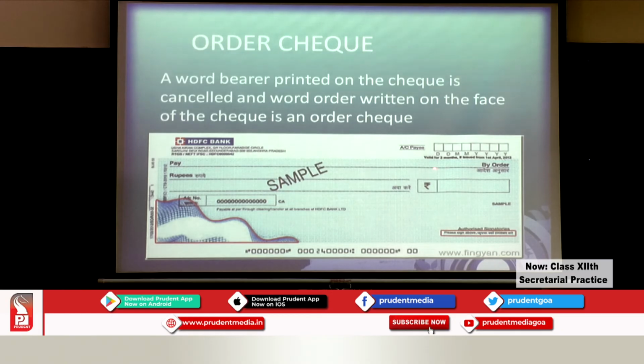The word bearer is cancelled and the word order is written on the face of the check, which is called an order check. Here the name of the person will come, the amount in words, the amount in figures, and the account holder will sign. The only difference is that the word bearer will be cancelled and the word order will be written.